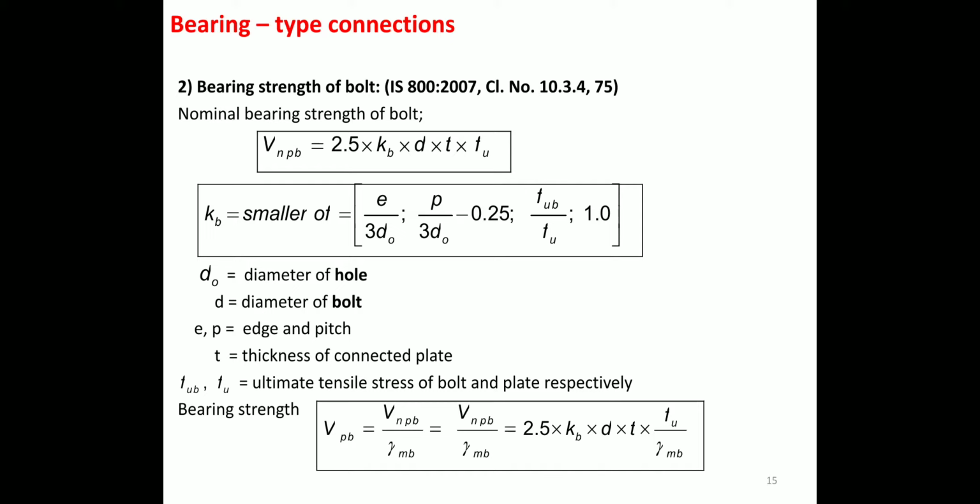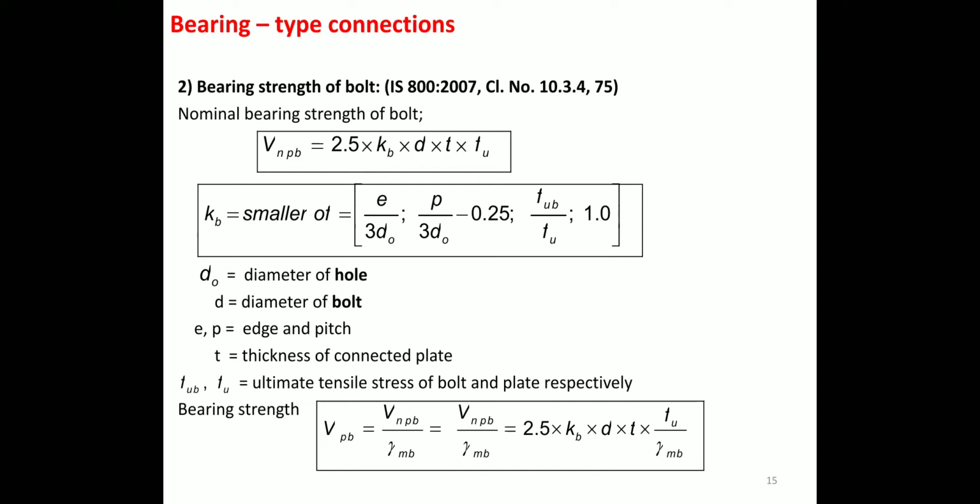And the fourth criteria is 1. Out of these 4 criteria, whichever value is lesser, we keep in our equation as the smaller constant KB. We know that D0 is the diameter of hole, D is the diameter of bolt, E and P are the edge distance and pitch distance, and T is the thickness of the connected plate in mm.